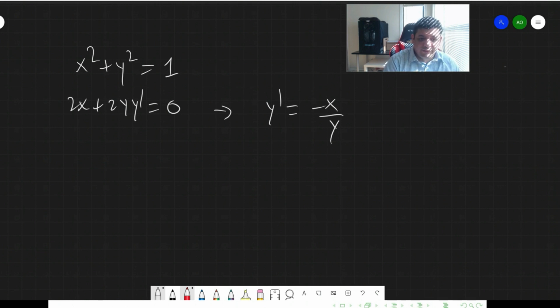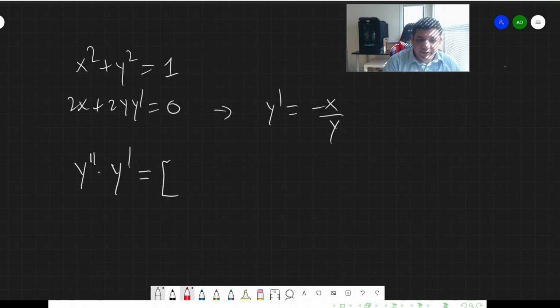The derivative of this is going to be y double prime. And then I've got to multiply by y prime because I just did a derivative here. And on the other side, I have a quotient rule.